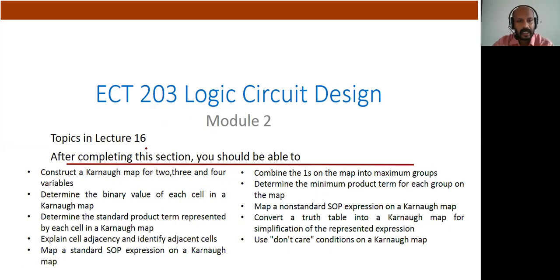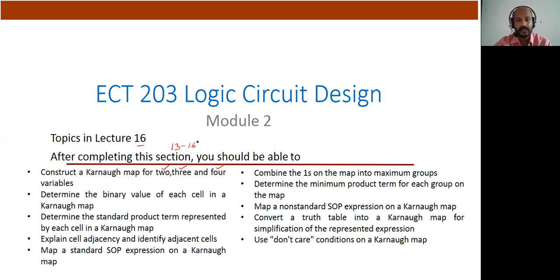In lecture 16, we will mainly discuss SOP simplification. From lecture 13 onwards, we have been discussing K-map simplification of SOP functions. In lecture 13, we discussed two variable simplification, in lecture 14 three variable, and in the last, 15th lecture, we discussed four variable simplification.